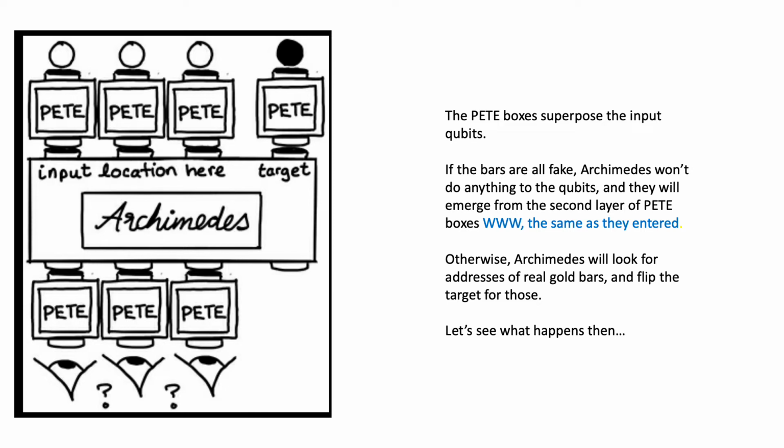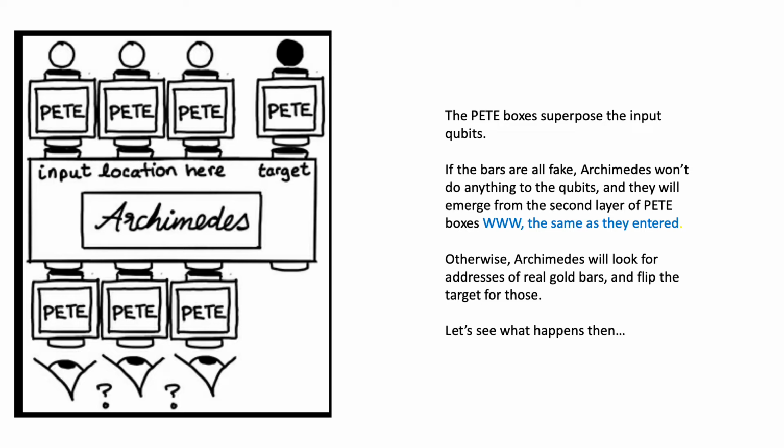Well, let's take the easy case where we find ourselves in a decoy vault. In a decoy vault, the Archimedes machines don't flip any targets regardless of the address. Although you can't look inside each Archimedes machine, in the fake vaults, it doesn't do anything to the inputs. They just pass through, right?